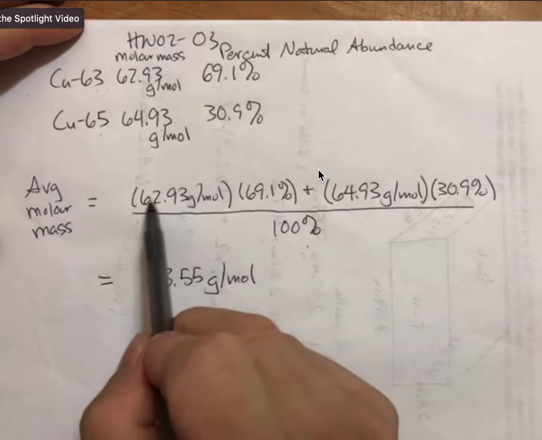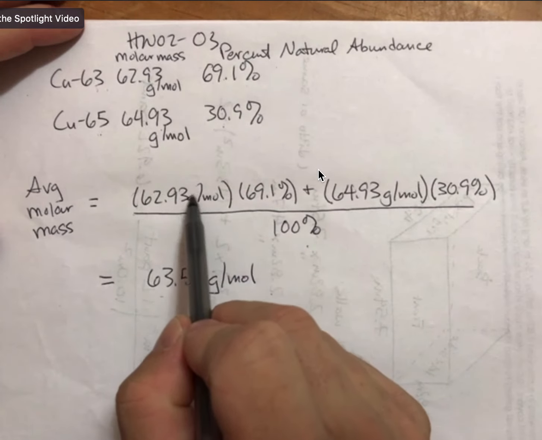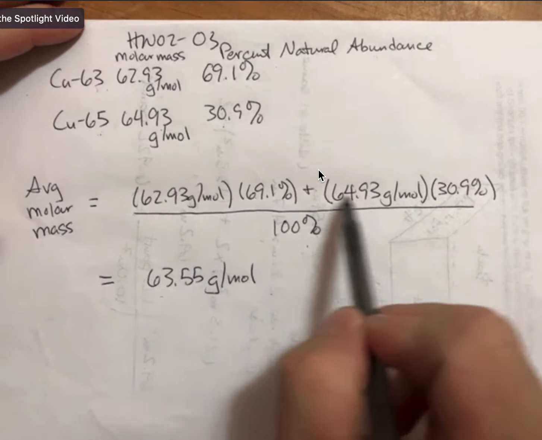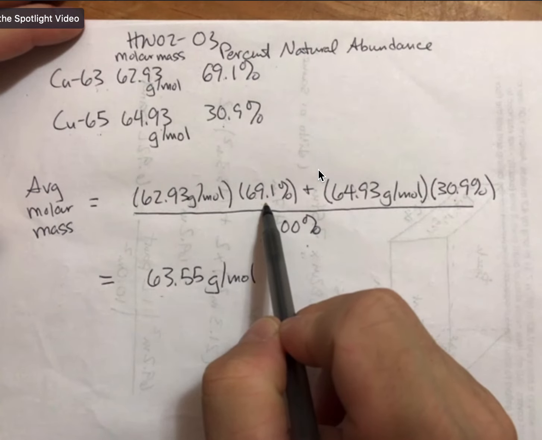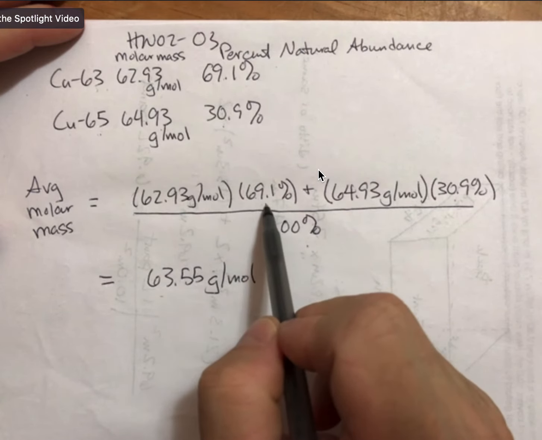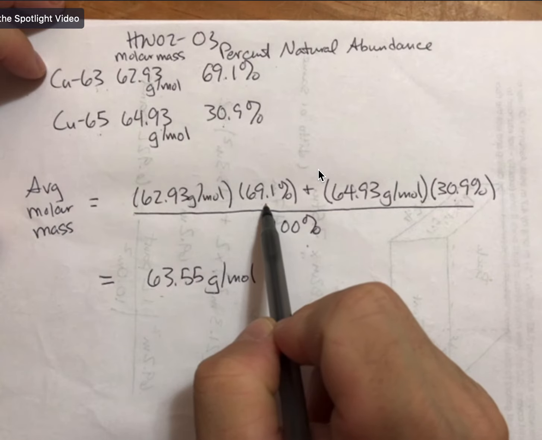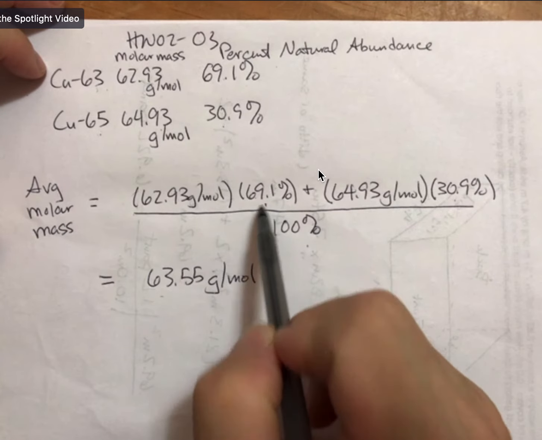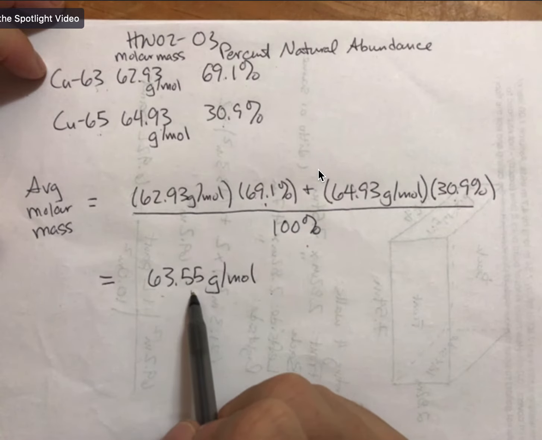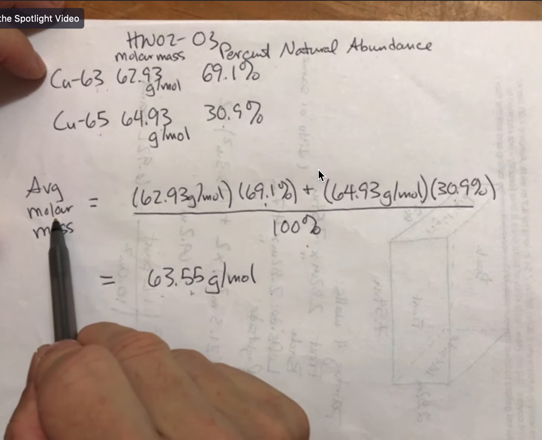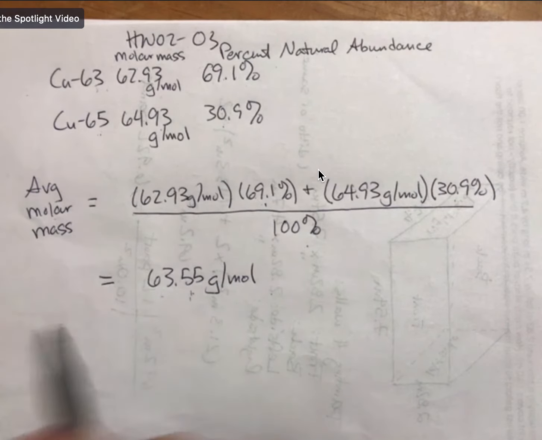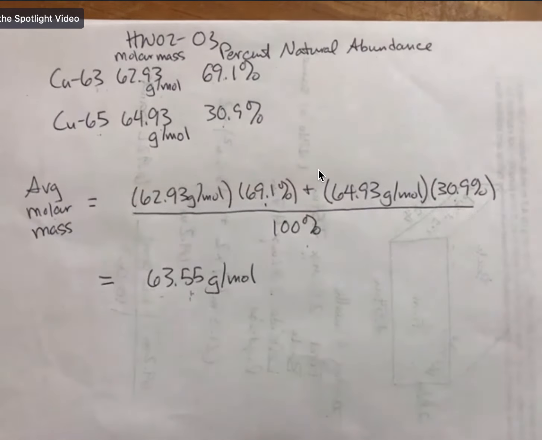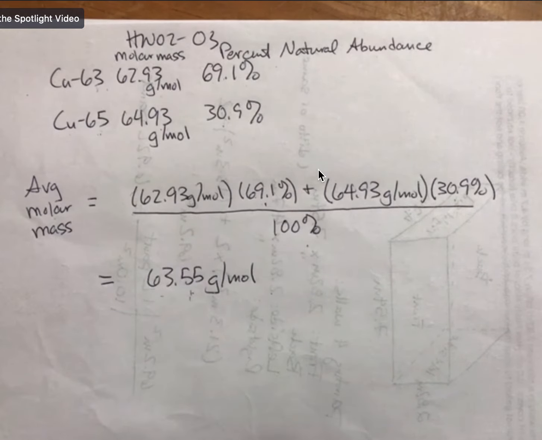Then you would say that the average molar mass is mass times percent plus mass times percent, and that this is called a weighted average, weighted by the percent that each type of atom exists in nature, and that this number must be the number on the periodic table, because the periodic table has the average molar mass values for each of the elements. That should be our answer for this. Are there any questions about any of the work that I've done?